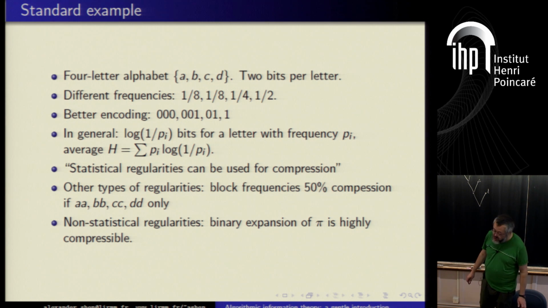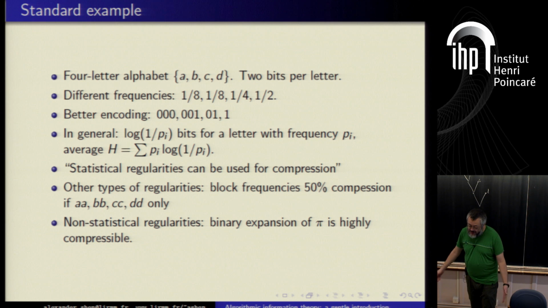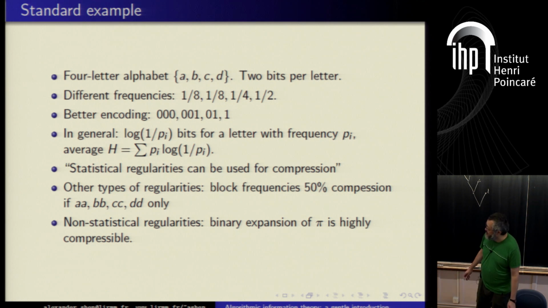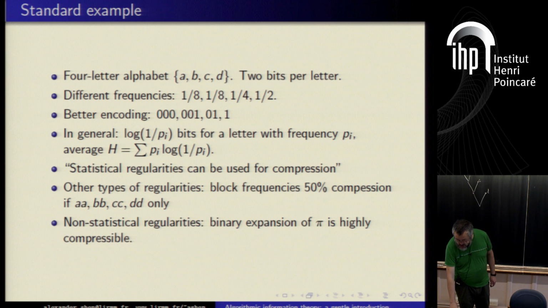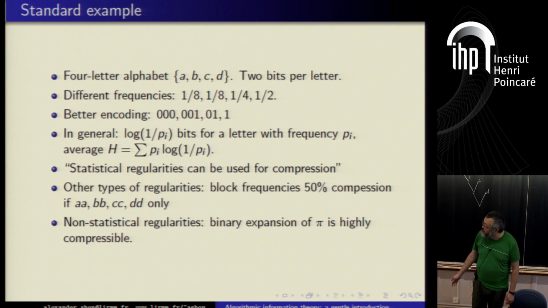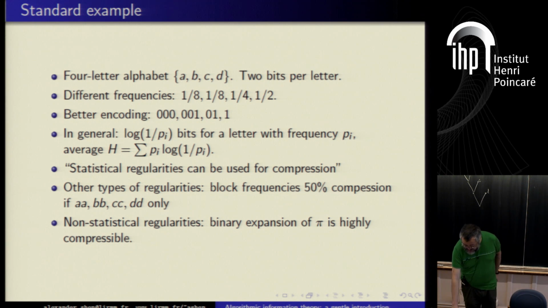Any computable function like pi gives a sequence which is highly compressible, because a finite program can produce as many bits as we want. So the idea was to start a kind of information theory which takes into account all the regularities, not only statistical ones. And this was the goal of Kolmogorov.